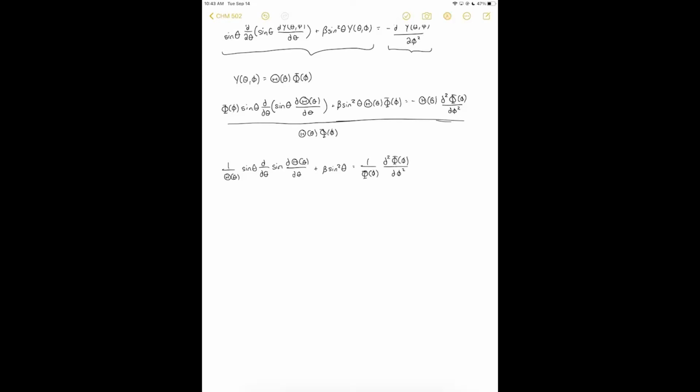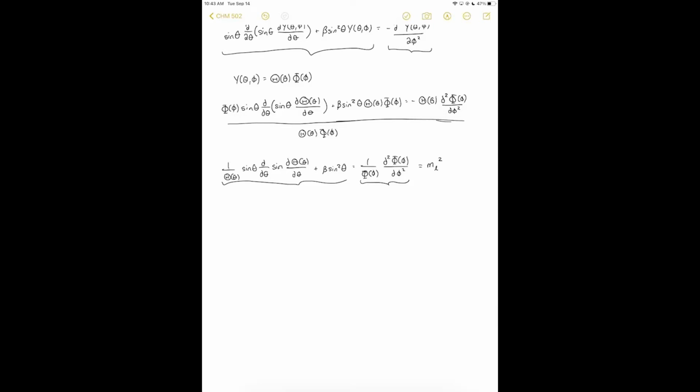And so again, what we said before is that on this side we only have thetas, and on this side we only have phis. For this equation to be true, both sides must equal a constant. And the constant that we're going to say this is equal to is m sub l squared.